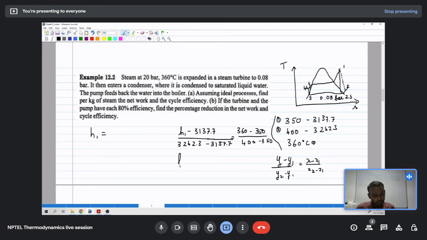So we have H1 is equal to 10 by 50, which is 1 by 5, into this difference, 3242.3 minus 3137.7, plus 3137.7.